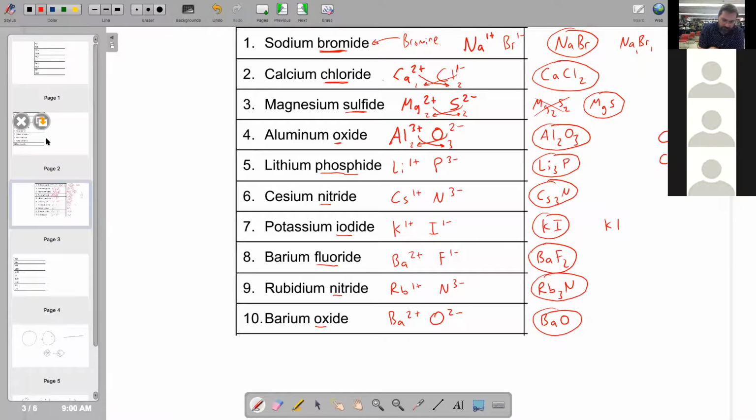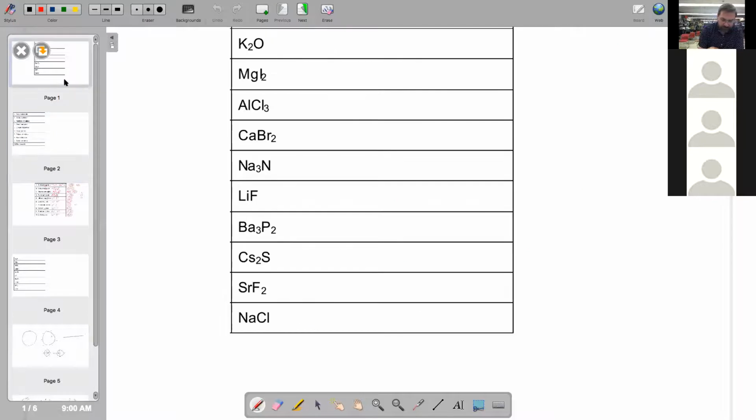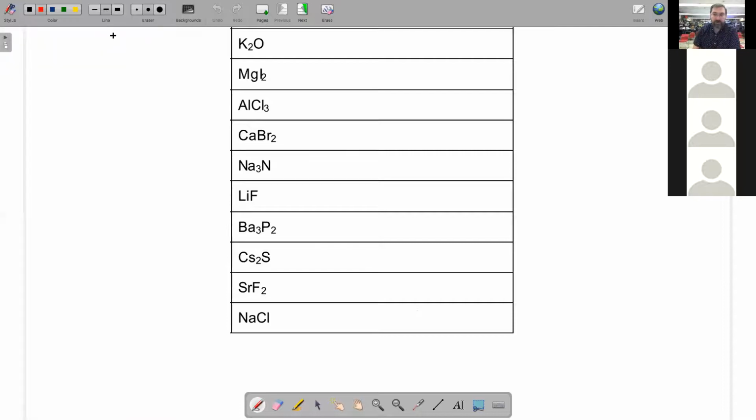Now, when it comes to naming them, it's actually just a little bit easier, I guess you could say. The numbers don't make any bit of difference with naming the compounds for ionic compounds. The numbers do make a difference whenever you have covalent compounds, but that's also a way to tell them apart.